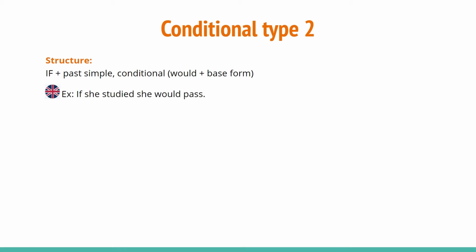Conditional type 2 or the second conditional has the following structure: if plus past simple, and in the second sentence we must add the conditional, which is formed by would plus base form of the verb. For example, if she studied, she would pass, which means si estudiara, aprobaría.